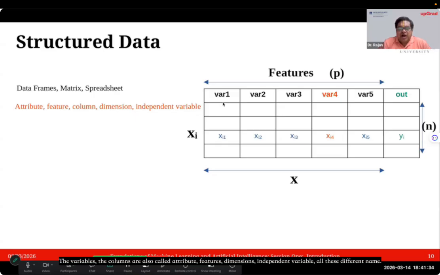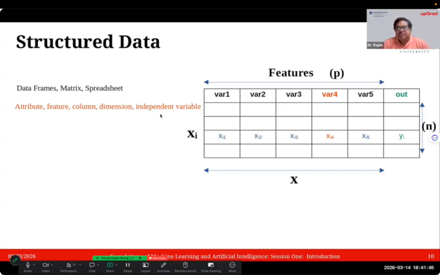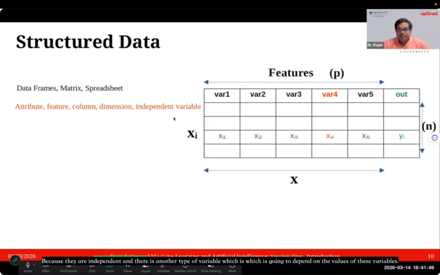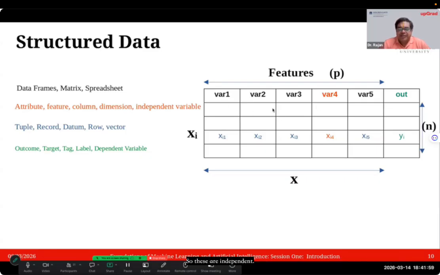The variables, the columns, are also called attributes, features, dimensions, independent variables, all these different names. I am going to stick to the term independent variable. Why independent variable? Because they are independent. There is another type of variable which is going to depend on the values of these variables. So these are independent.